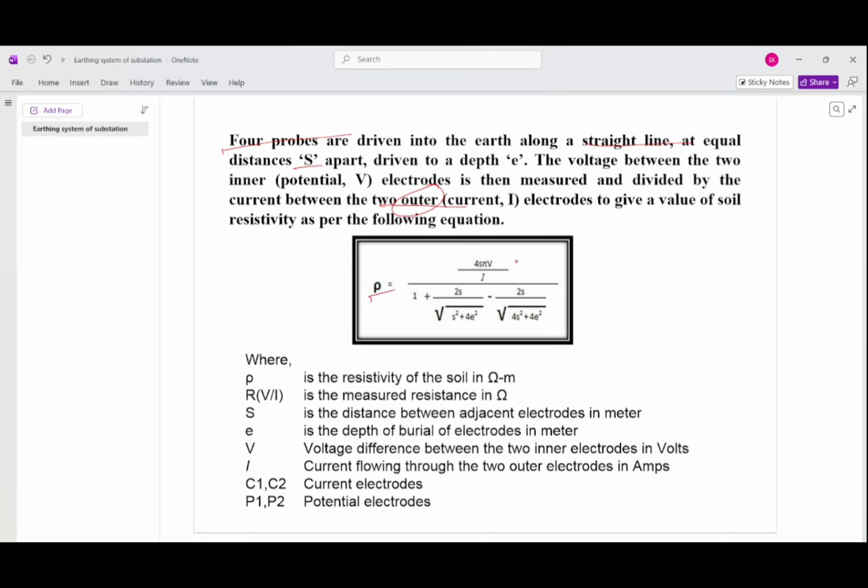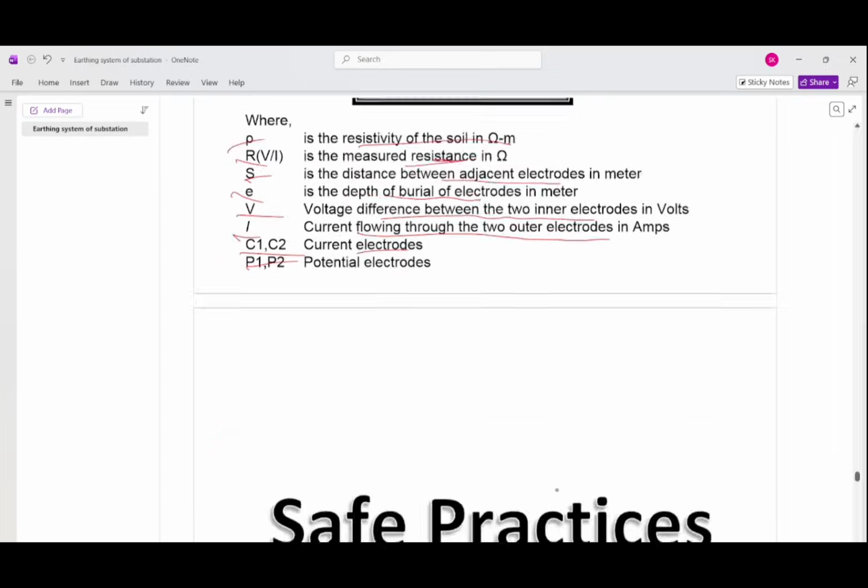So soil resistivity is given by this formula, where rho is the resistivity of the soil in ohm meter, R is the measured resistance, S is the spacing between the adjacent electrodes, E is the depth of burial, V is the voltage difference between the two inner electrodes, I is the current flowing through the outer electrodes, C1, C2 are current electrodes, P1, P2 are the potential electrodes.